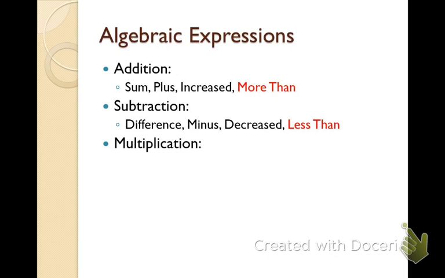What about multiplication? What words make you think you should be multiplying things together? Multiply. Yeah, sure. Multiply 2 and 4. Multiply x and 3. Okay. What else you got? Times. Yep. See the pattern in the first 2. The answer to an addition problem is called the sum. The answer to a subtraction problem is called the difference, right?